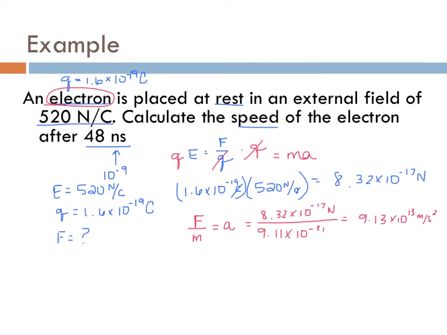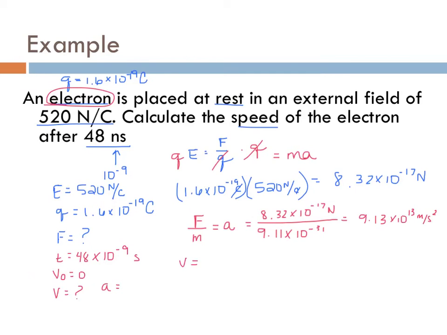Now, this only gives me acceleration. We're asked to calculate the speed. For that, we can use the time given to us in the problem, which is 48 times 10 to the negative 9 seconds. The fact that it started at an initial velocity of 0. We can calculate the final velocity using kinematics.